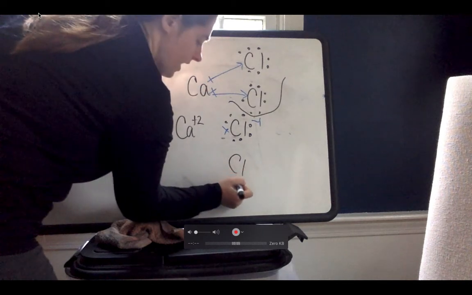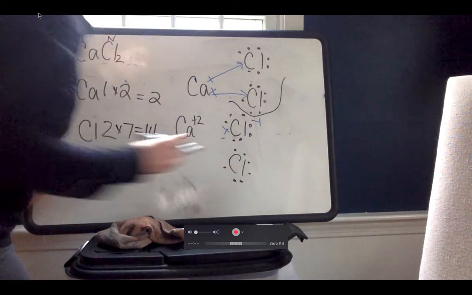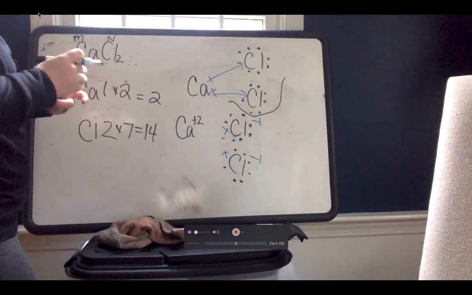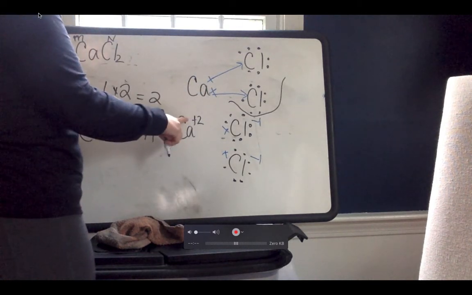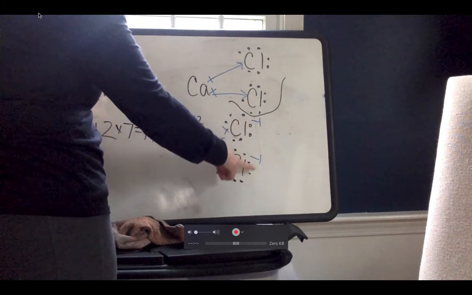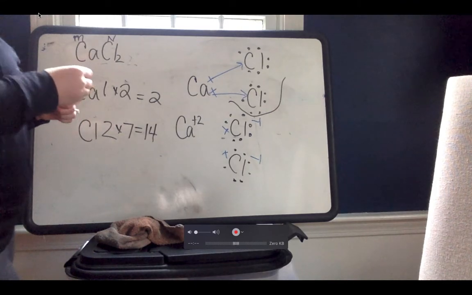This chlorine still had its 7, but it gained 1 as well. So it now has a -1 charge as well. So that's our ionic bond. We see that calcium has a +2, and each chlorine has a -1. -1 plus -1 is -2. Our charges are balanced, so they are equal.